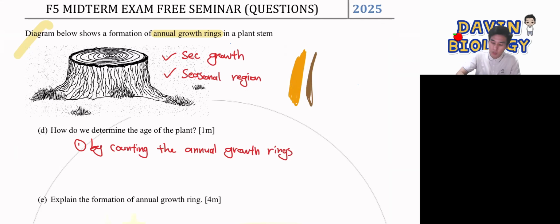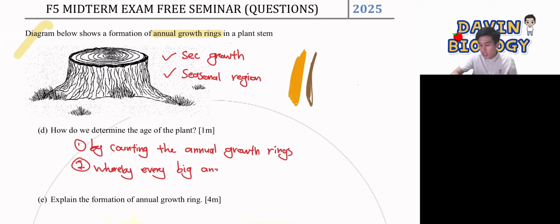Like I said just now, every big and small ring, you can say xylem vessel or xylem tissue, represents 1 growth year.